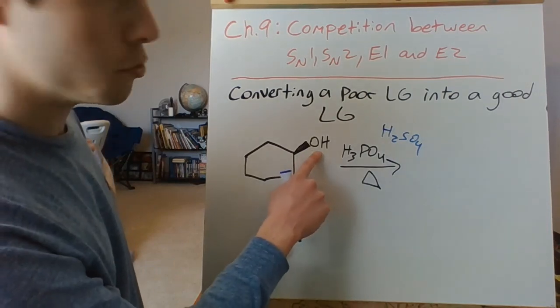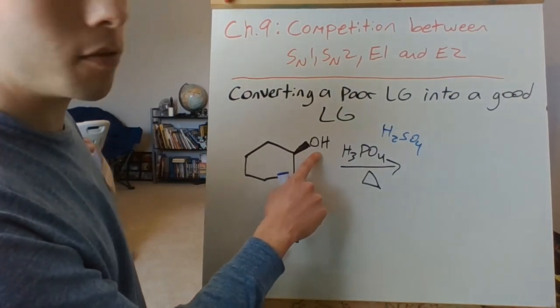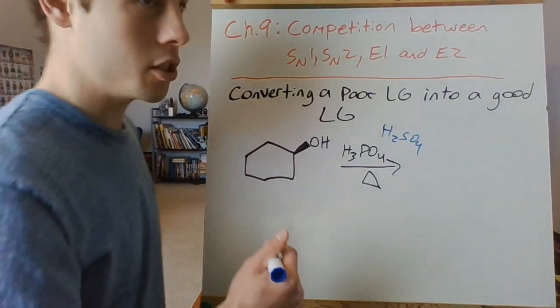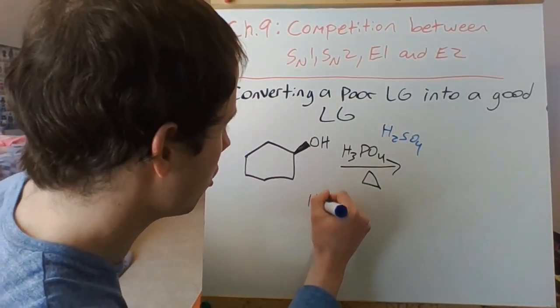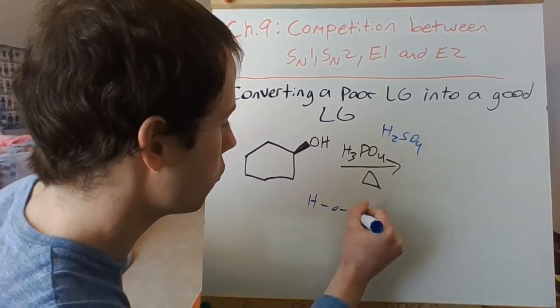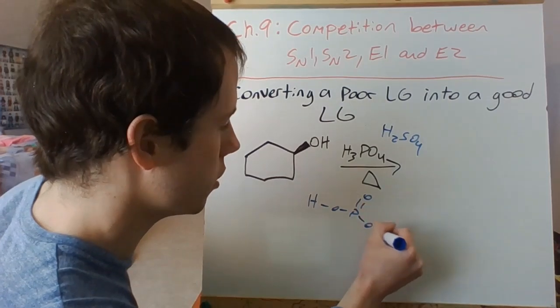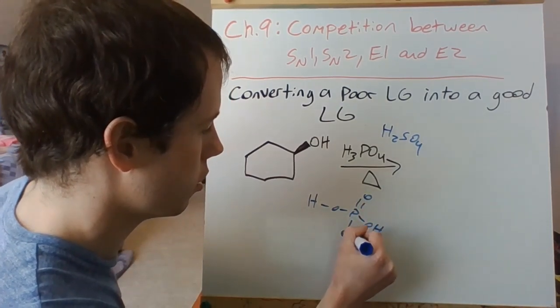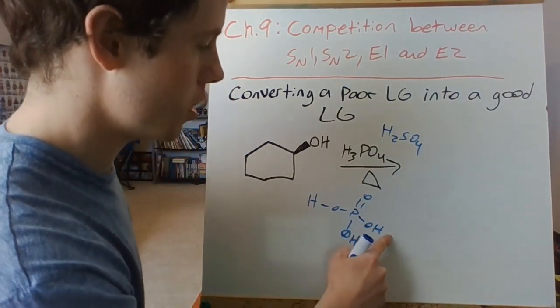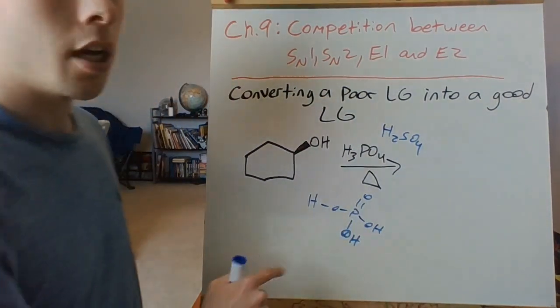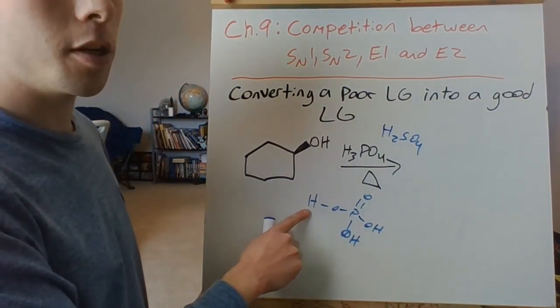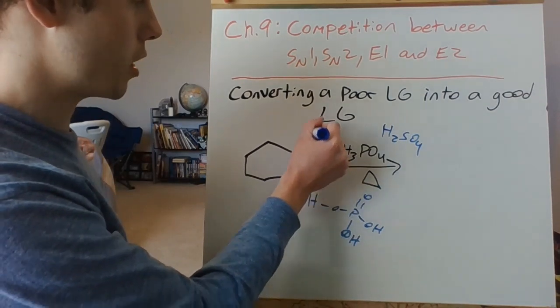So we know that hydroxide itself is a terrible leaving group, but we're in extremely acidic conditions, and so if we draw out our H3PO4, we get something that looks like this, where we have H3PO4. I've drawn this hydrogen out specifically because it's going to participate in the reaction mechanism.